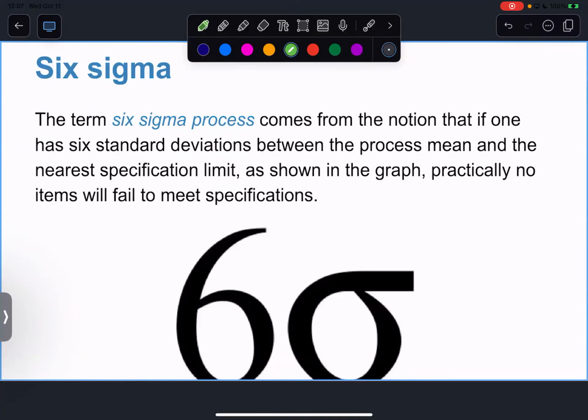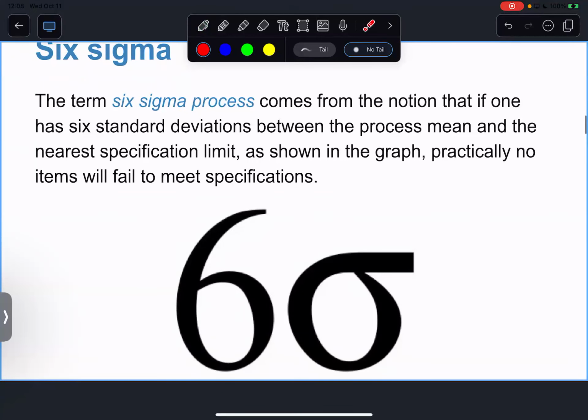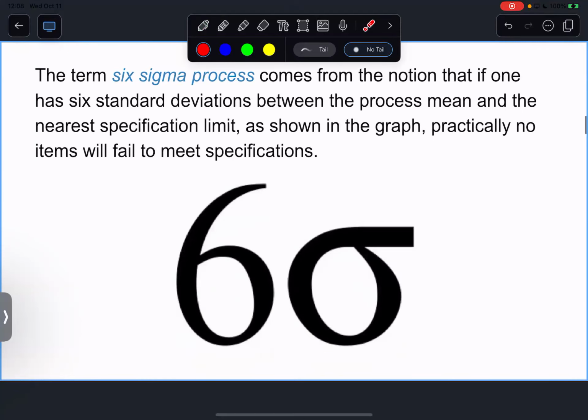Kept this in here because I think I mentioned Six Sigma. It's this notion that if you have a spread of 6 standard deviations, right, 6 sigma, then practically no items will fail to meet specifications.